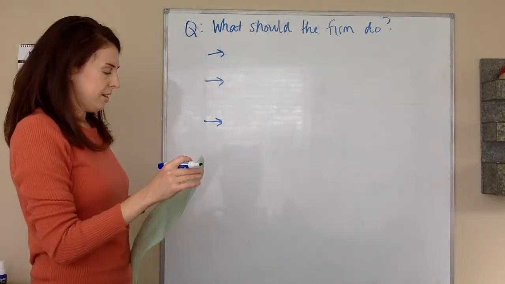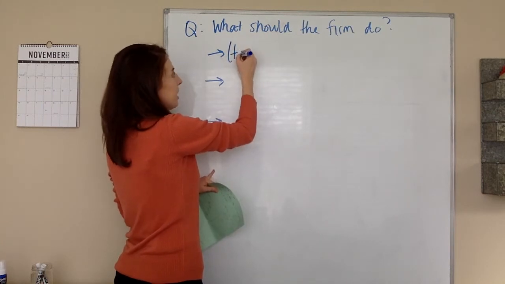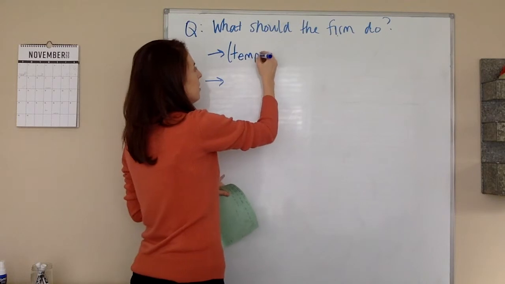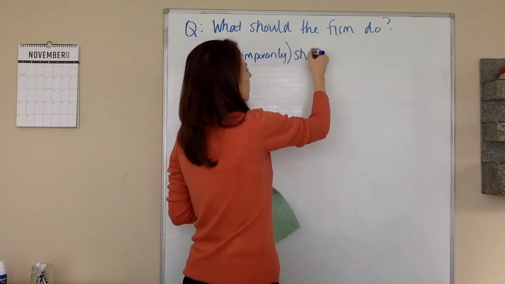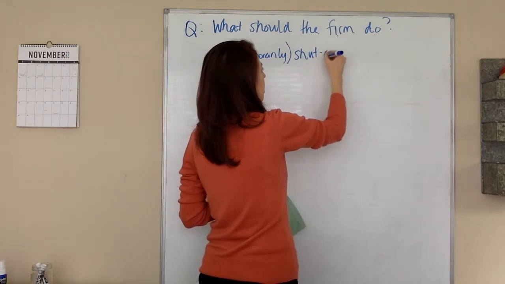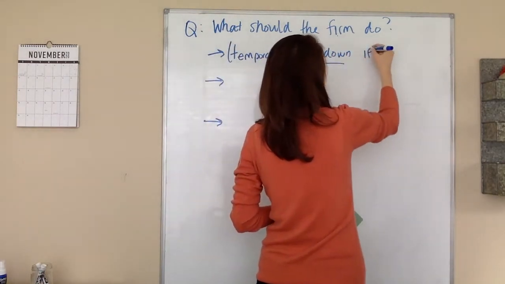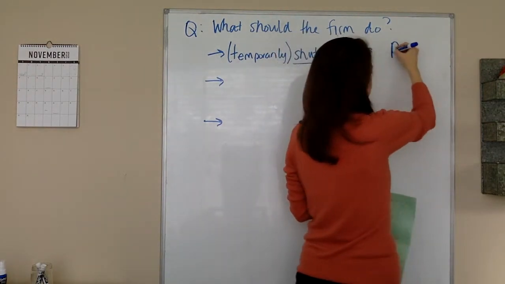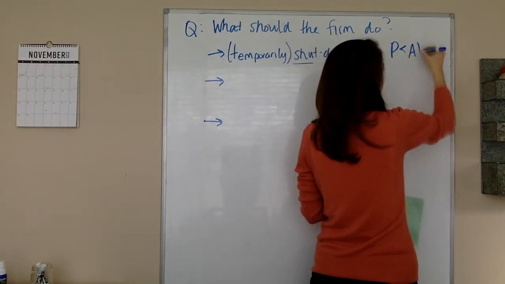Thing number one is the firm should shut down, and shutting down is going to be a temporary thing, so we're going to say temporarily shut down if the price that he's getting in the market is less than the average variable cost.